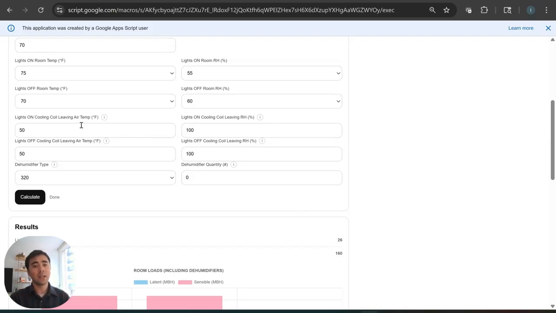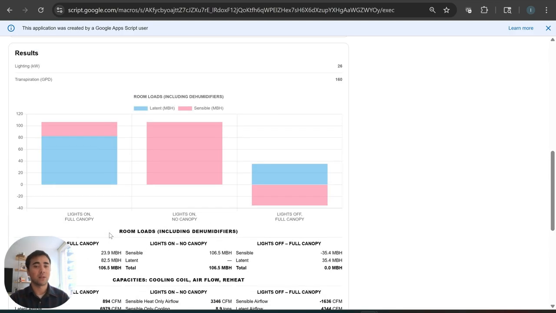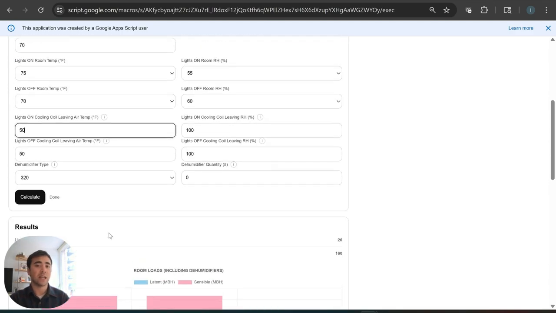So you could play with lowering the cooling coil leaving air temperature, and that would decrease this 22.6 tons. You should do that in consultation with an equipment manufacturer that you're looking at to make sure the assumptions you're inputting here are realistic. Another thing that you can look at is adding dehumidifiers.